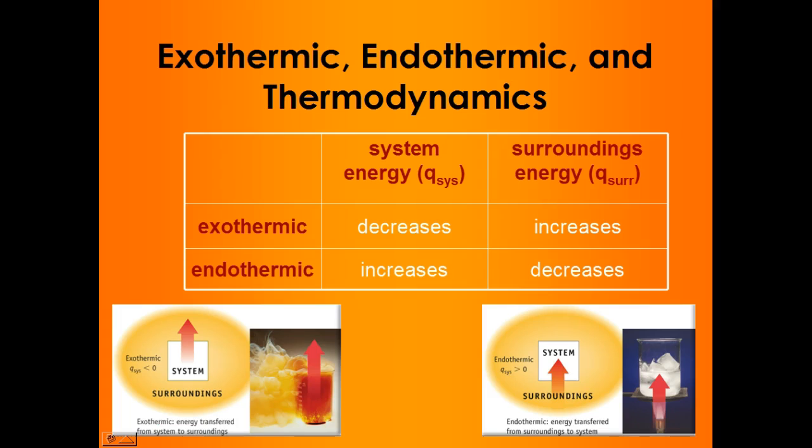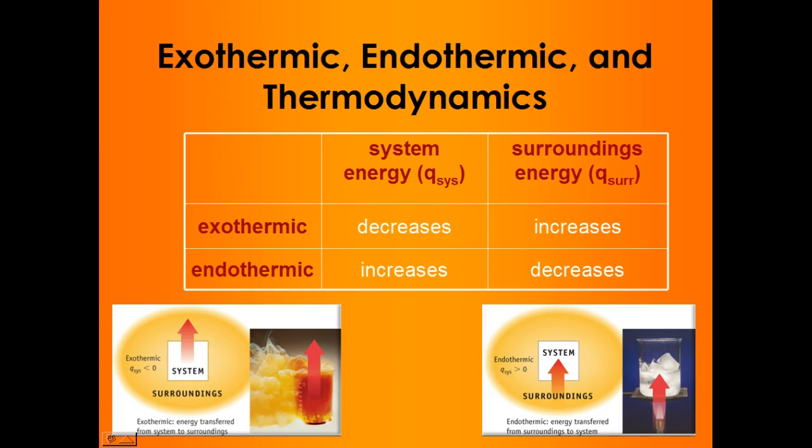While if we are going through an endothermic change, we would see the system take in energy. An endothermic change would be an example of water boiling. When the water boils, it has to absorb energy from whatever heat source you are using to provide that energy source.